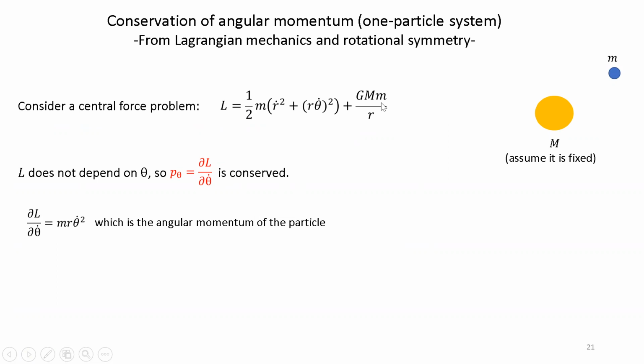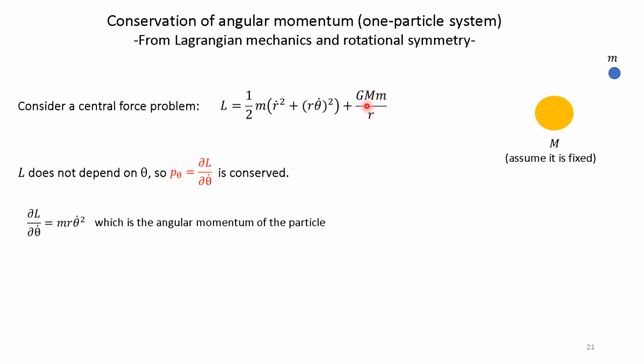But anyway, in this central force problem, you could think of the Earth orbiting around a sun. The Lagrangian is written like this. In this case, the potential energy of the Earth is given by minus GMm divided by r.